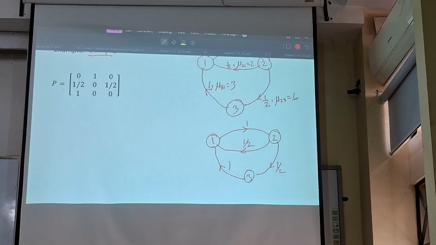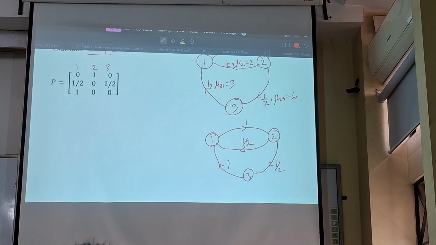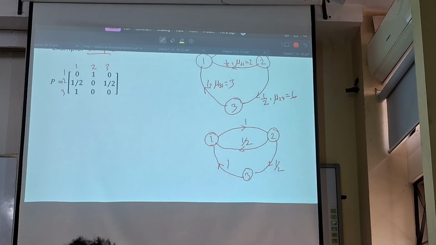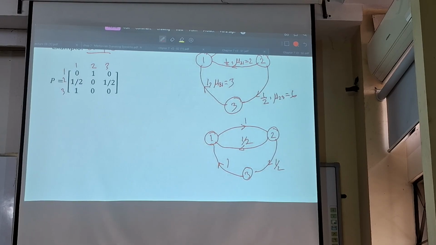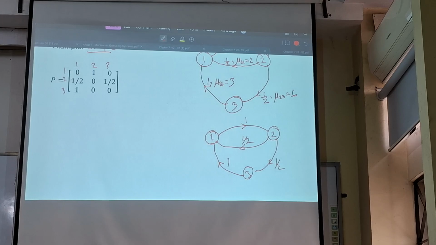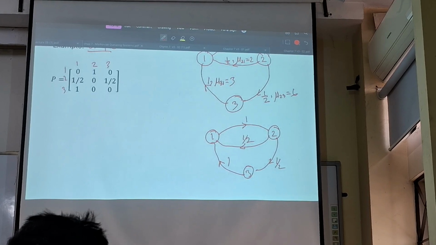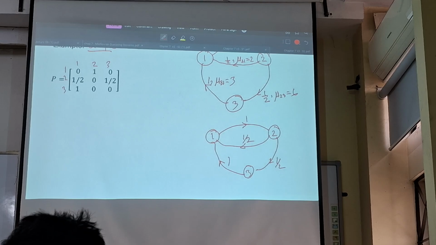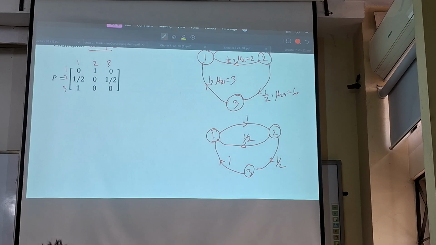Look at the transition probability matrix. From 1 to 1 the probability is 0, 1 to 2 the probability is 1, 1 to 3 probability is 0. For state 2, 2 to 1 is half, 2 to 3 is half, 2 to 2 is 0, and from 3 the only non-zero probability is 3 to 1. This is clear. Now, this is an embedded Markov chain.